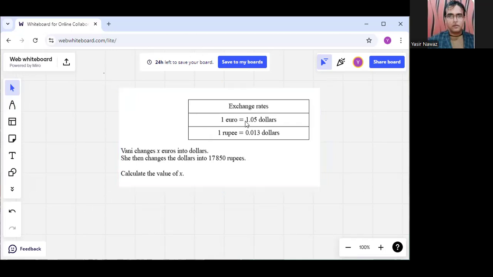So 1 euro is equal to $1.05 and 1 rupee is equal to $0.013. Because this relationship is between dollars and rupees, first I will convert rupees to dollars. So how to convert rupee to dollar?